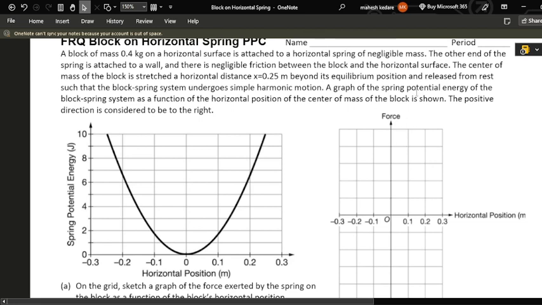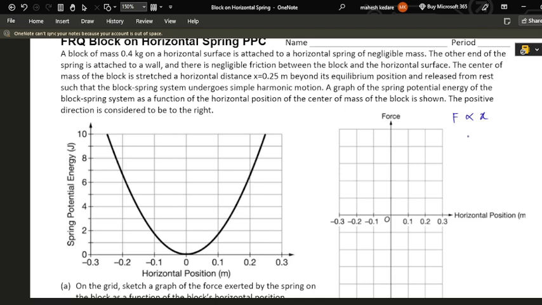We know for sure that the graph between force and position must be a straight line, because the spring force obeys Hooke's law. Force is directly proportional to the displacement from equilibrium position. Directly proportional means the nature of the graph must be a straight line.